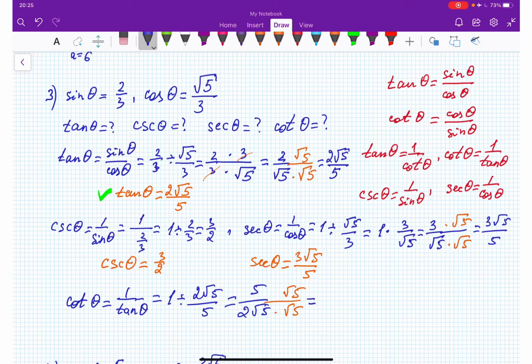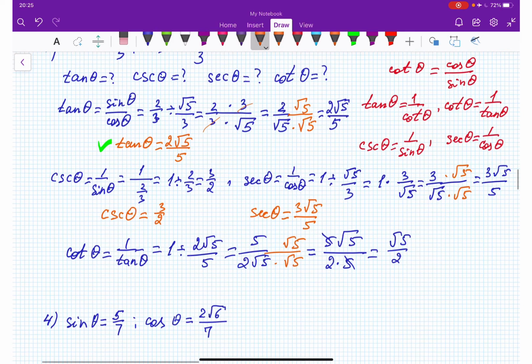And I'm getting 5 on the top. Okay, so we get 5 square root of 5, and at the bottom we get 2 times 5, which is going to be gone, and the answer is going to be square root 5 over 2.